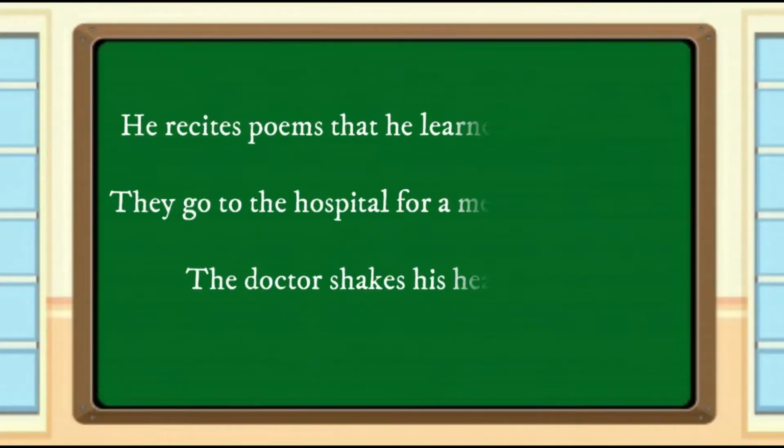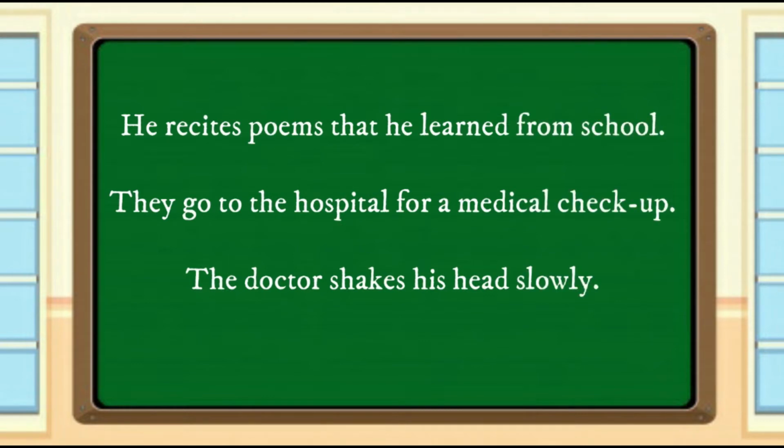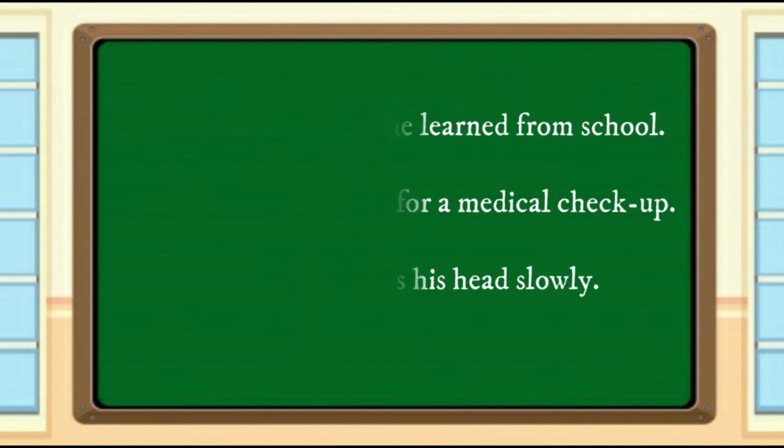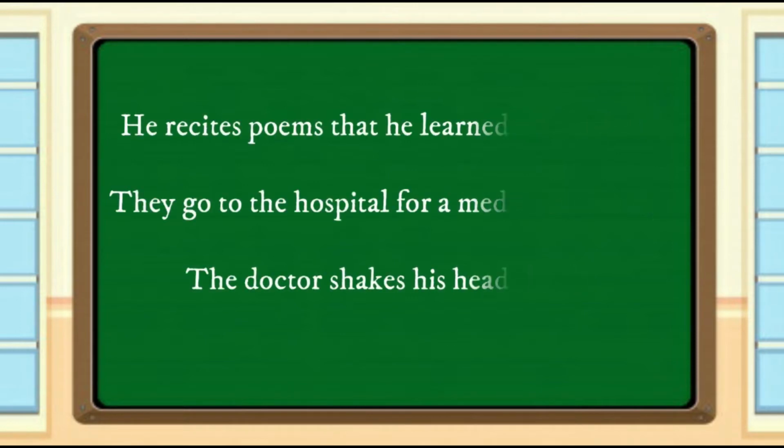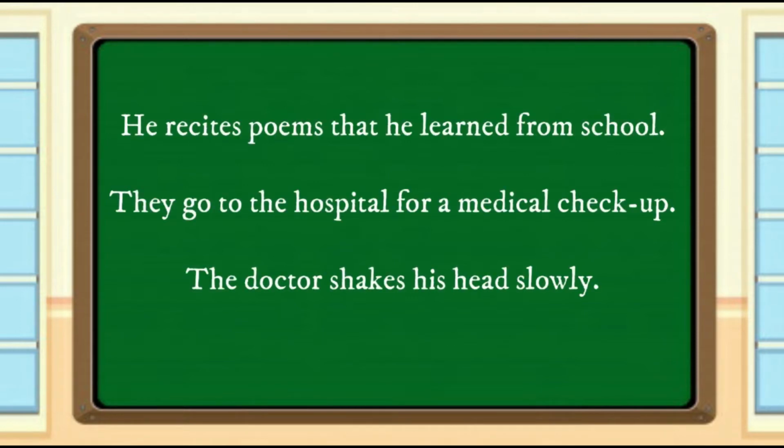Look at the following sentences. He recites poems that he learned from school. They go to the hospital for a medical checkup. The doctor shakes his head slowly. What are the verbs in the sentences? Right.